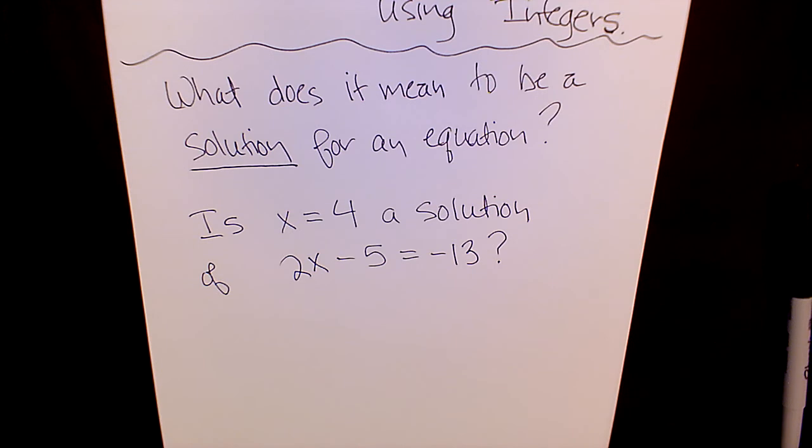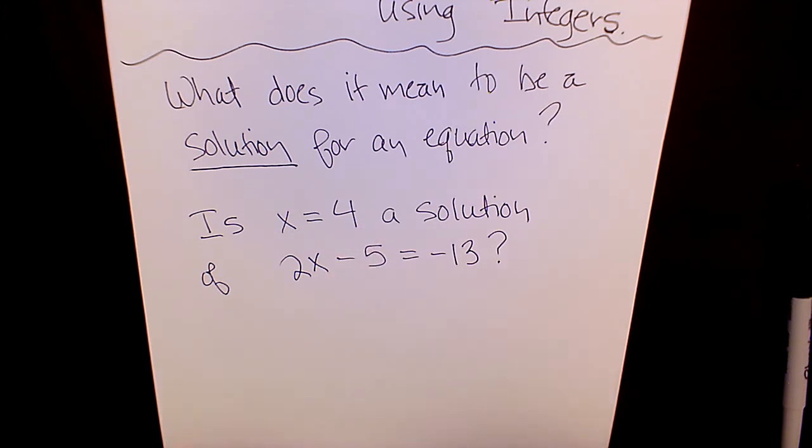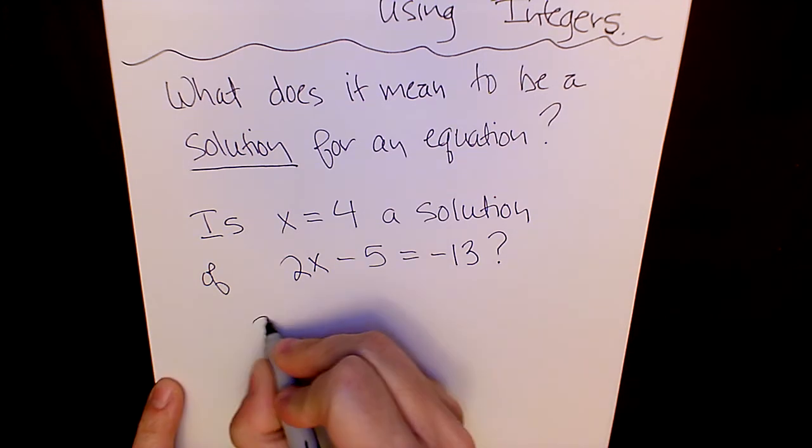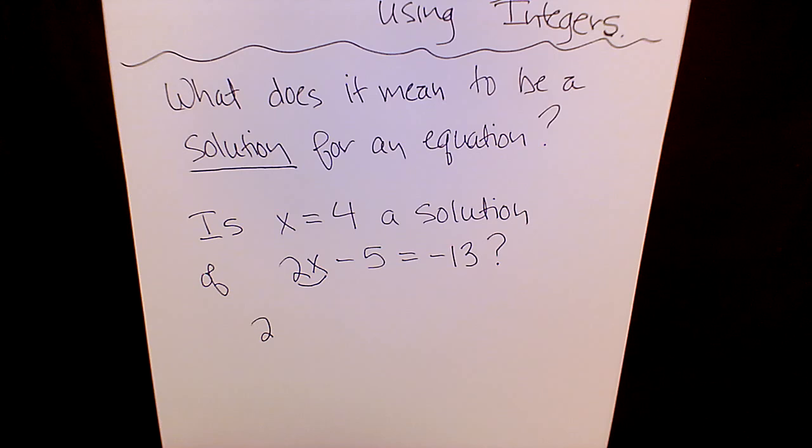So what we want to know is if I plug 4 in here for x, are both sides going to come out equal? Is it going to work out? Okay, so let's try it. And remember, when the two are together like this, that means we're going to multiply, right?